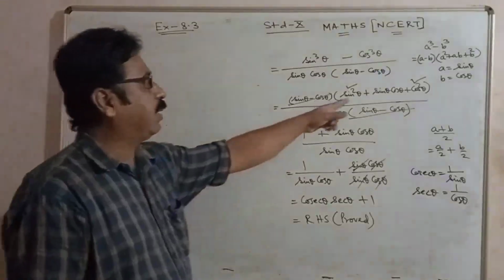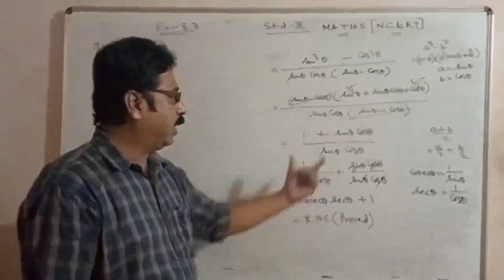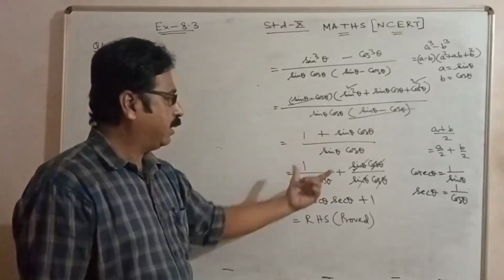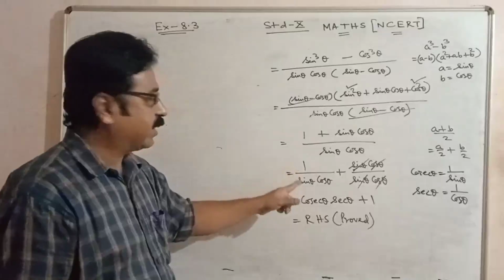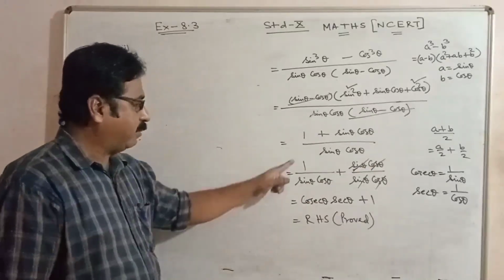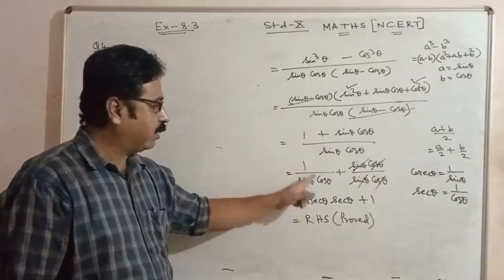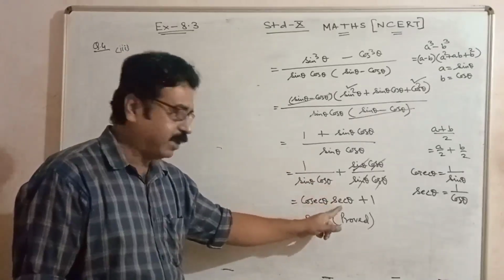After that, sin square theta plus cos square theta is 1. Then we got sin theta cos theta. After that, we have split this into 2 parts this way. 1 upon sin theta cos theta, cancel. After that, 1 upon sin theta means cosec theta, and 1 upon cos theta means sec theta.